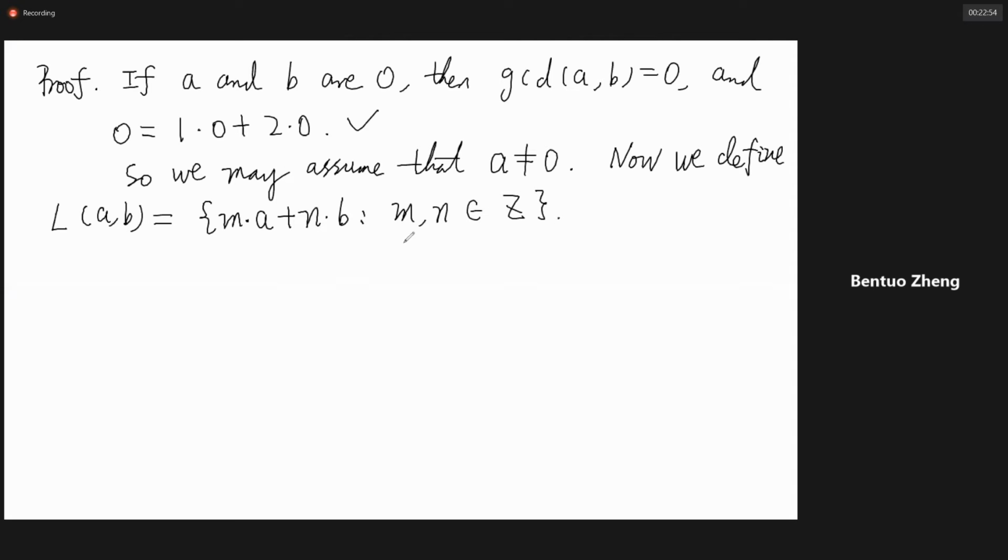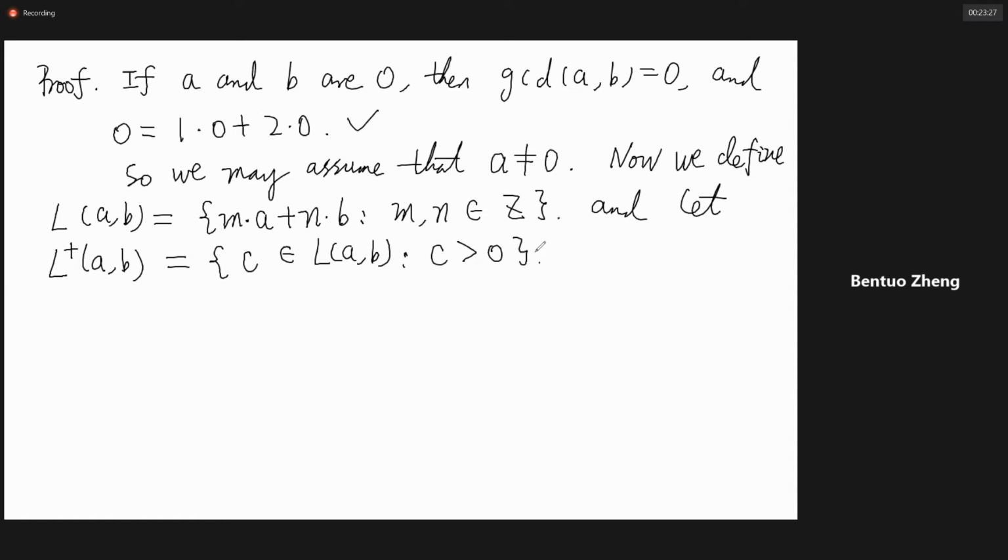Of course, this set is not empty, and we let L plus of AB be the set of all numbers C belonging to L of AB with C greater than 0. So L plus of AB are the numbers in L of AB which are positive.